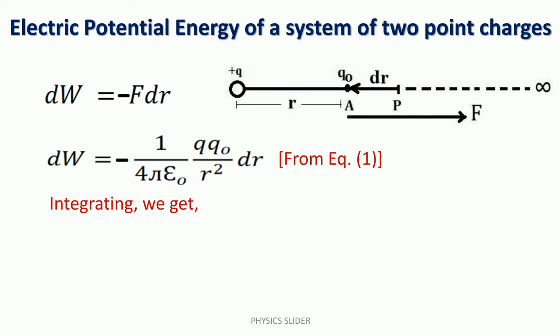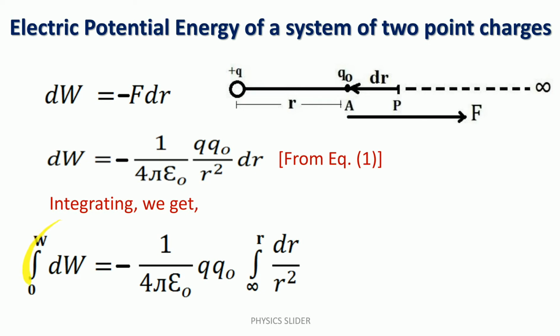Integrating, we get the integration from 0 to W of dW is equal to minus 1 upon 4 pi epsilon naught Q Q naught, these are constant, integration from infinity to r of dr over r square. This dr over r square, we can write with r square in the numerator as r raised to the power minus 2.